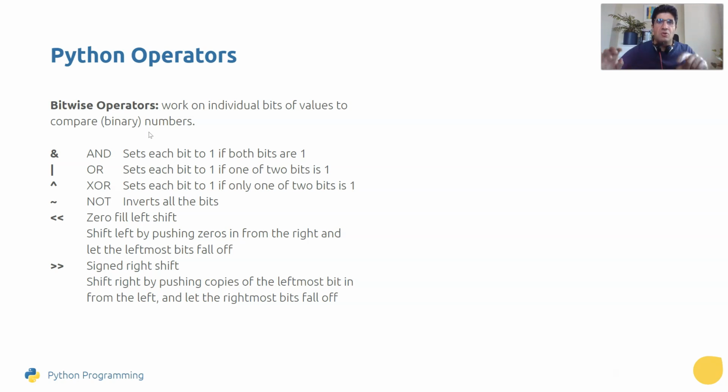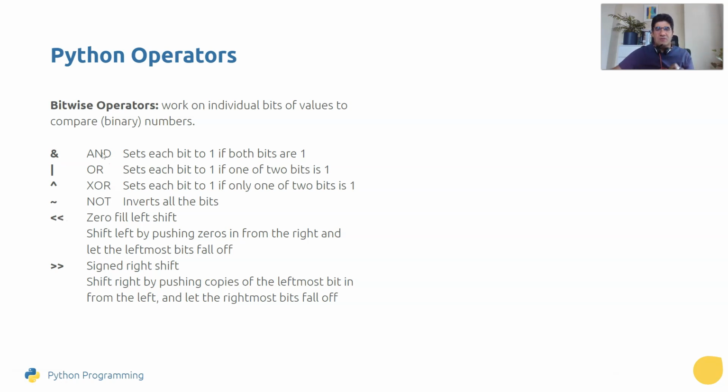Definitely you need to know how to convert, for example, decimal numbers to the binary system, and then you can use the different operations with these operators. We have AND, OR, XOR, NOT, zero fill left shift, and signed right shift. Those operators work on each bit.